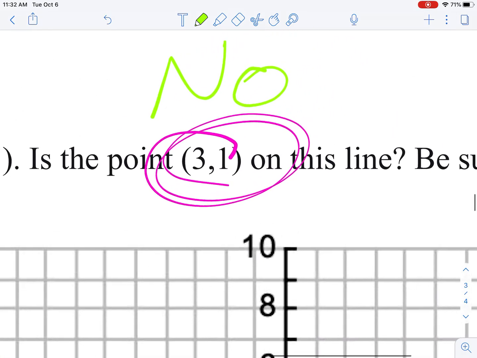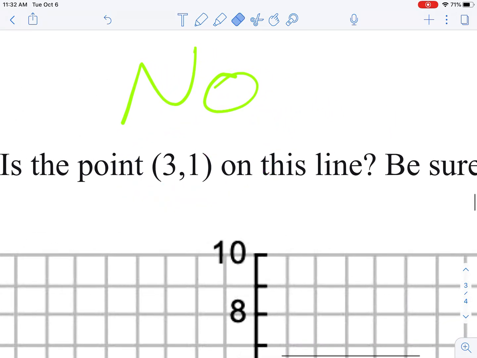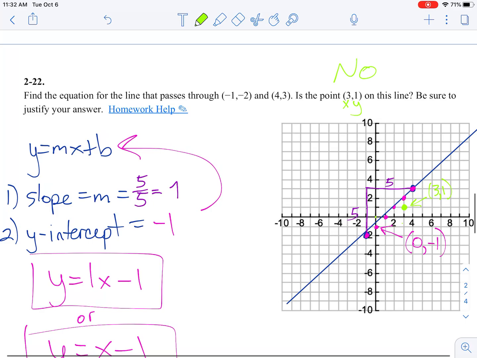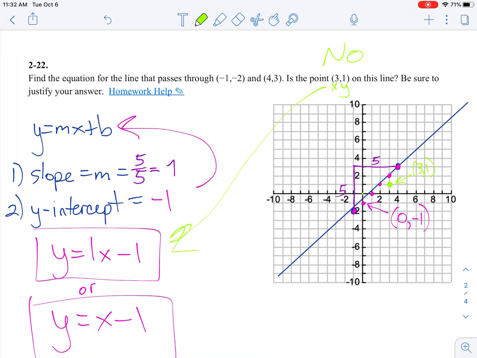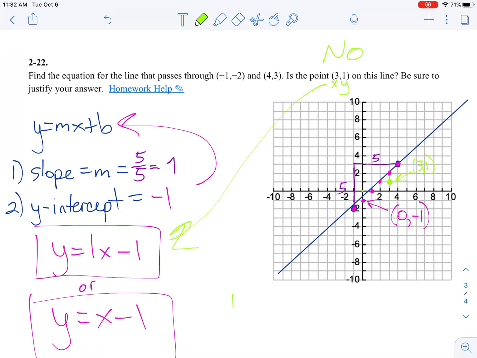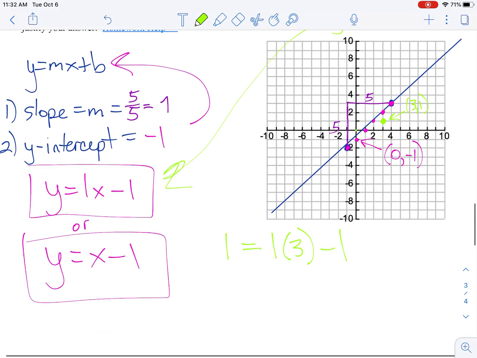What you can also do is remember that each point has an x and a y value, so we can plug that into the equation if we wanted. So if we wanted to plug that in down here and say, okay, y is 1 equals your 1 times your x value, which is 3, minus 1.